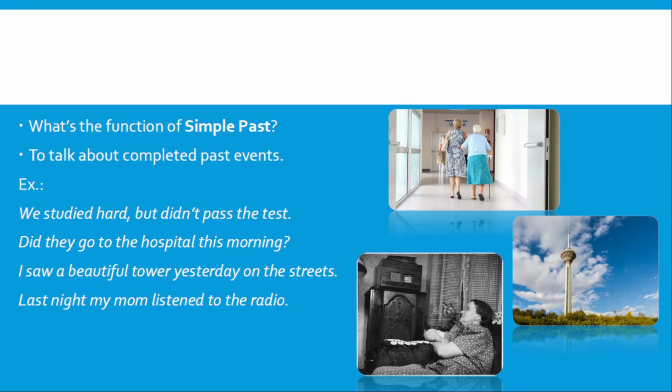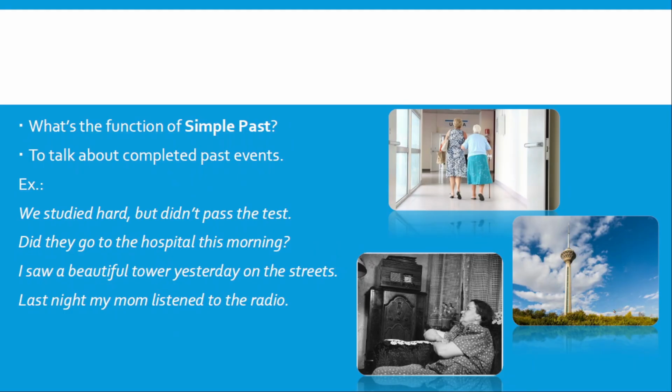The second example is a question. If we have a question in simple past, we have to use the auxiliary verb did. Did they go to the hospital this morning? And when we ask a question, the main verb, in this case go, is in the basic form, right?